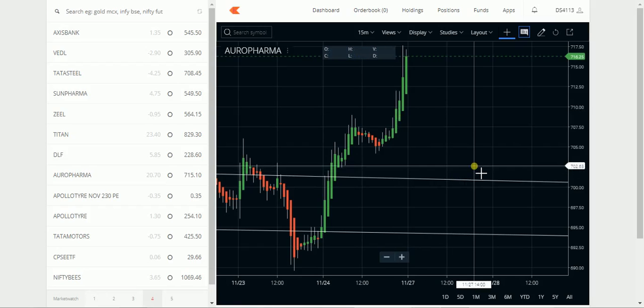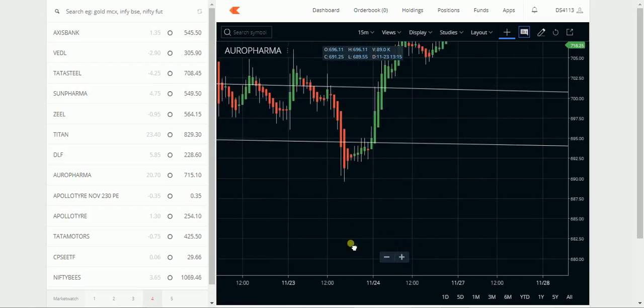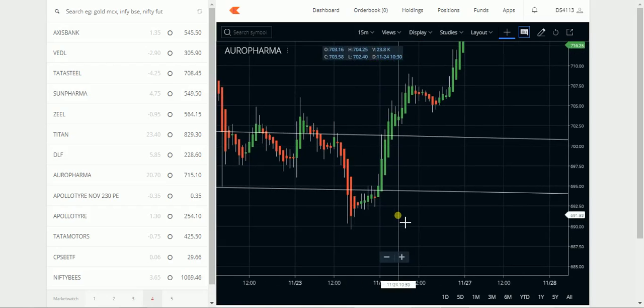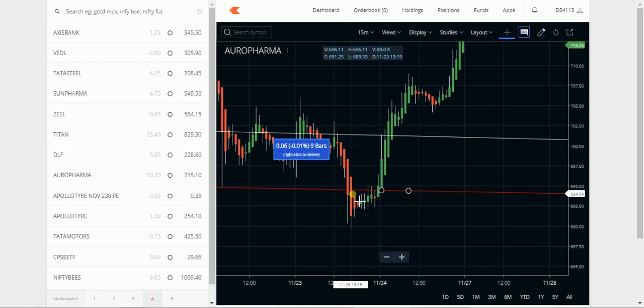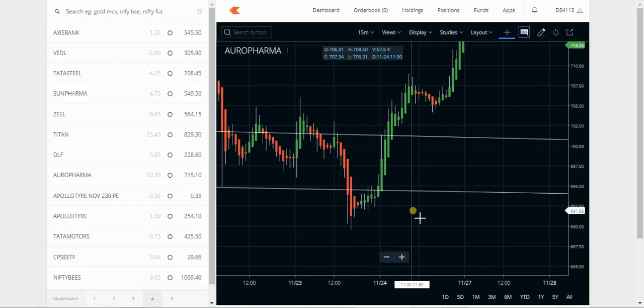Now say suppose, at 9:15 I'm not going to know if the market will go up or go down, right? So this is historical. As you see over here, it has also been in bearish mode. So if it goes to bearish mode, then it's going to hit the stop loss, correct?